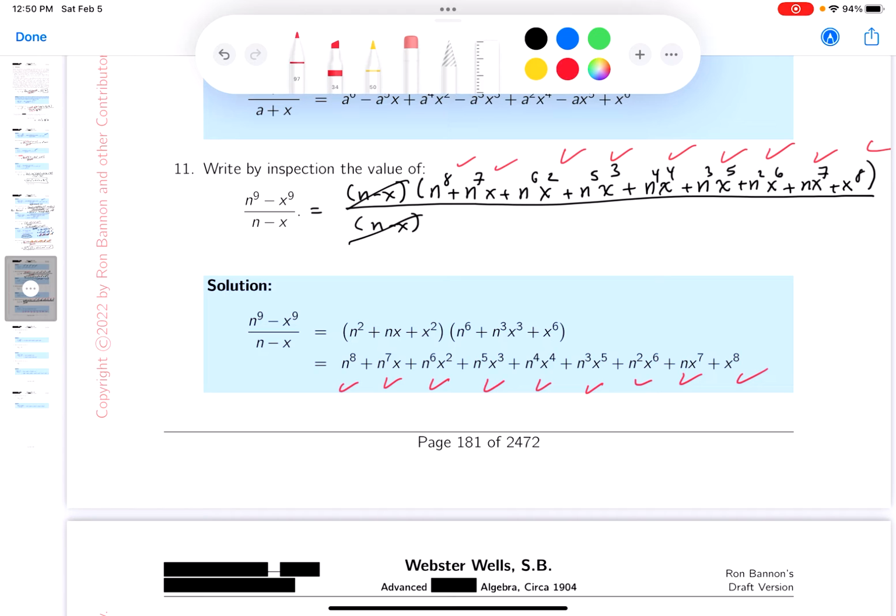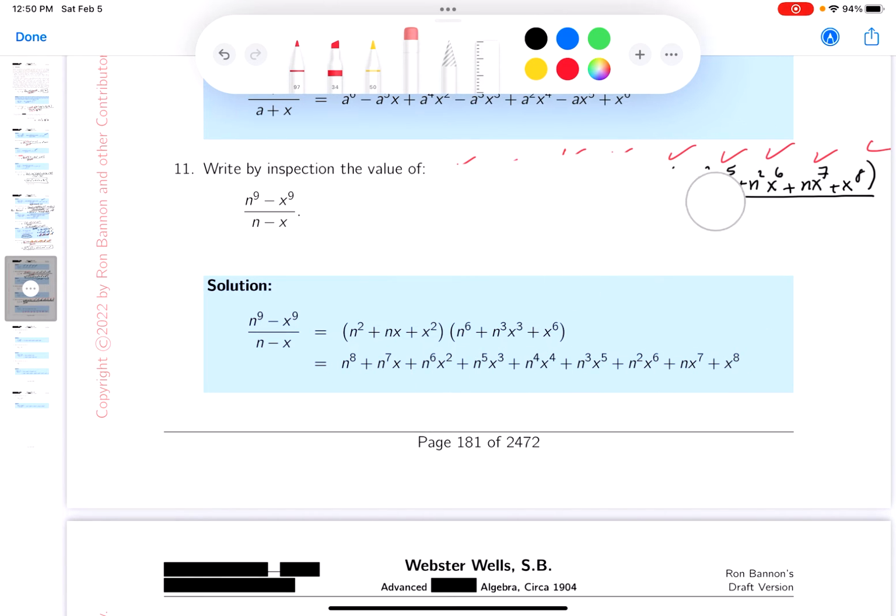But I'm going to erase now, and I want to see if I can do it a different way. And by that, I'm going to try something. So someone says, what do you mean you're going to try something? I'm going to try to factor it. And to factor it, I'm going to write this down.